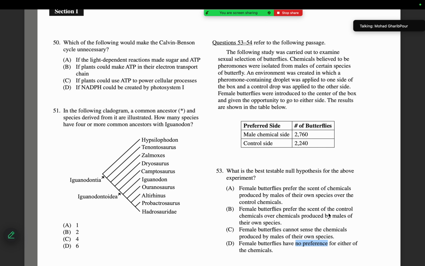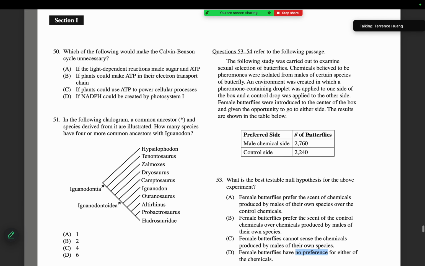Who's wondering about this one? Me. Okay, what was confusing? I picked B because the numbers on that chart are pretty different.